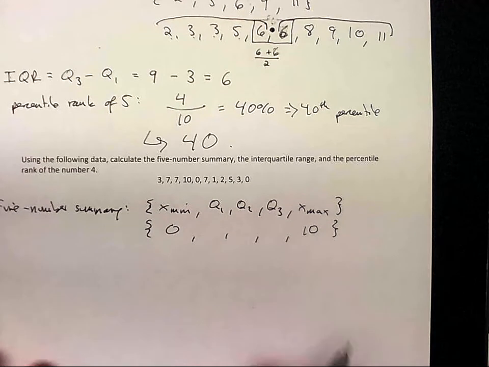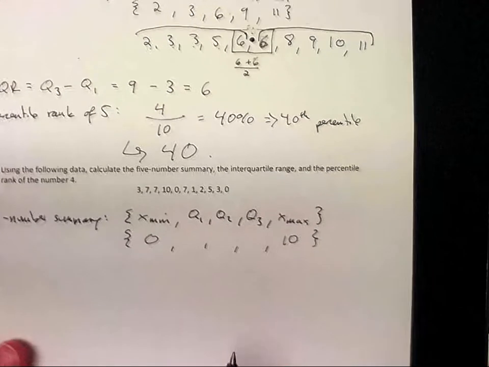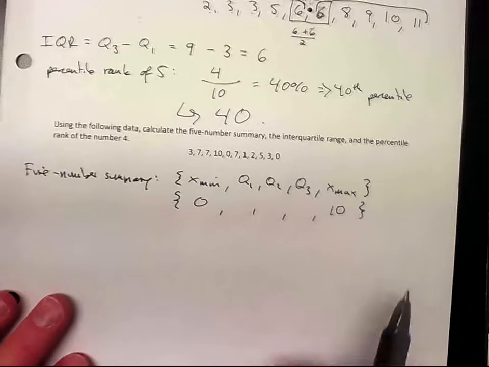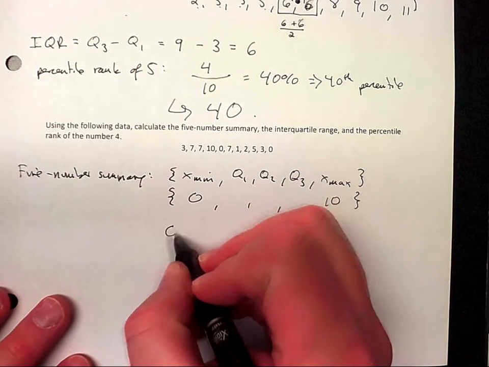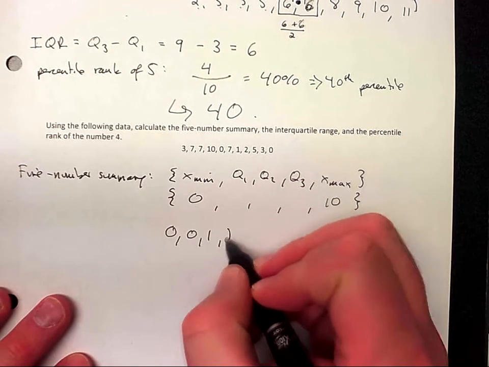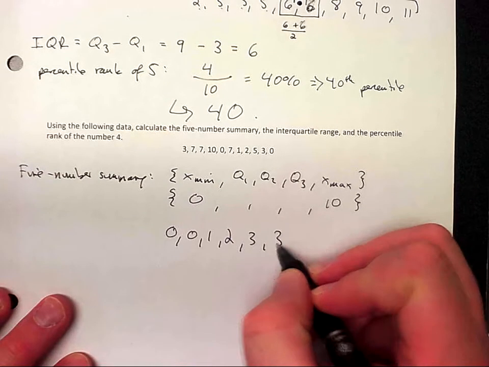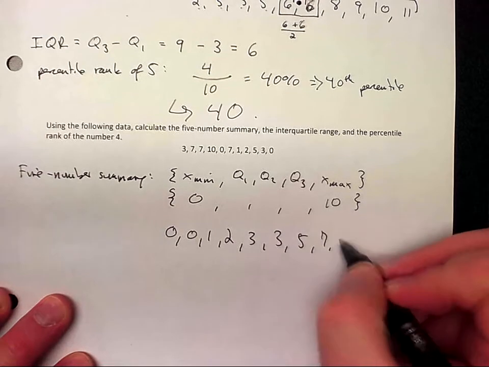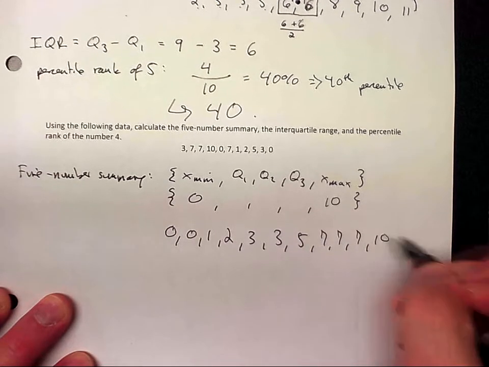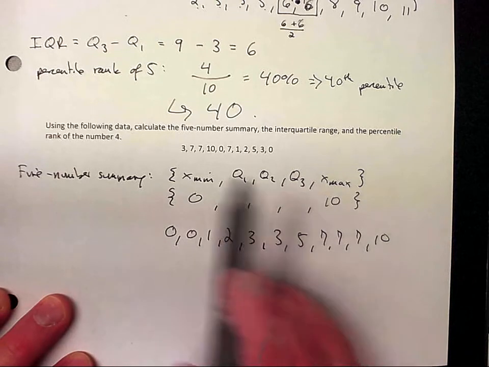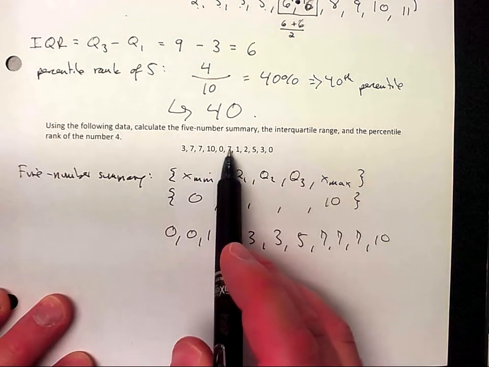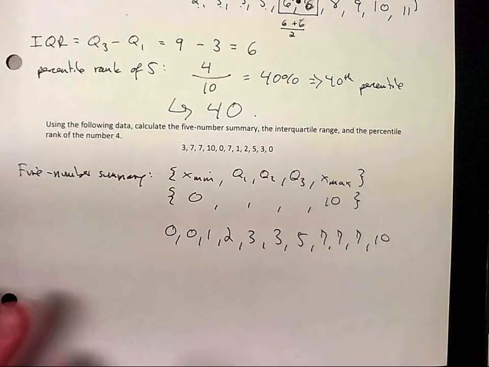Whenever we find these quartiles, they're all essentially medians of something, so we have to put the data in numerical order: 0, 0, 1, 2, 3, 3, 5, 7, 7, 7, 10. That's 11 values.